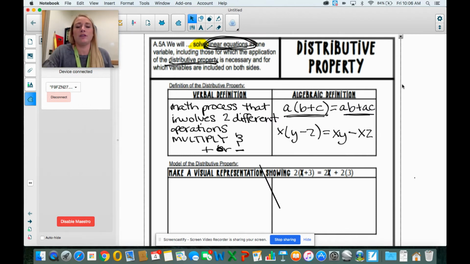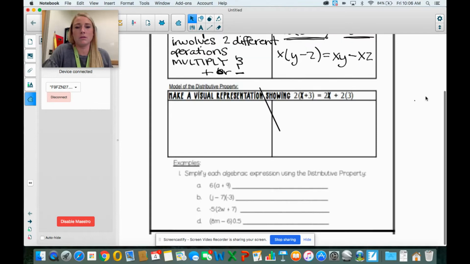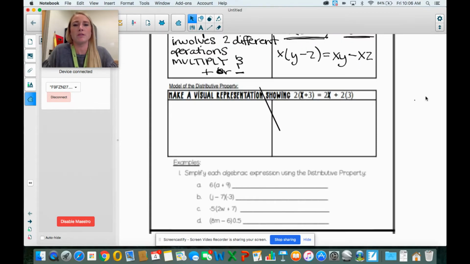Now let's make a visual representation of what we're talking about here. Okay, so when I talk about a visual representation, I just want to represent it with like a picture. Okay, it doesn't have to be fancy, but I want to prove that this right here is equal to what's on the right side, just like what we talked about earlier.